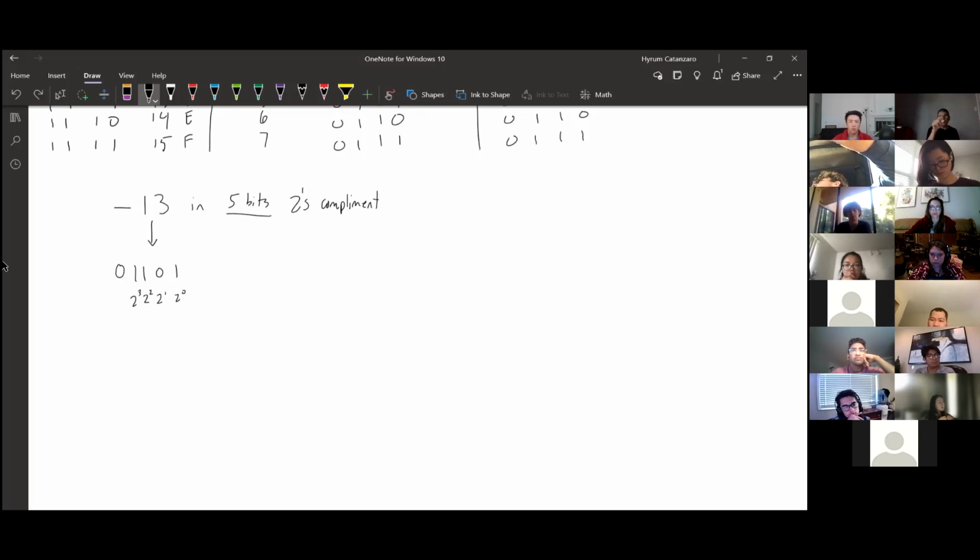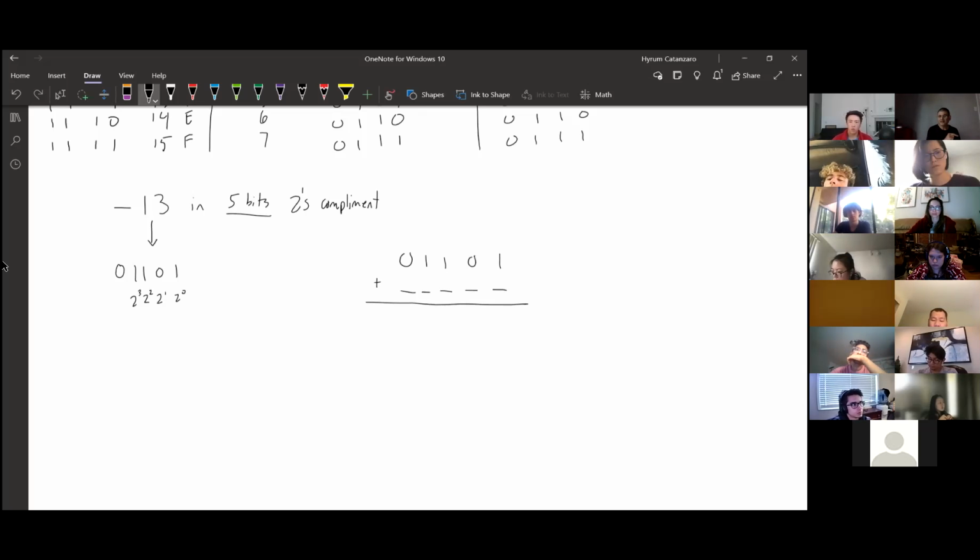Write down 0, 1, 1, 0, 1 in the blank space on the right side, and you want to discover 5 binary digits, which when you add to this will give you 5 zeros. Draw fill-in-the-blank underlines underneath, so that when you add them, you get all zeros.